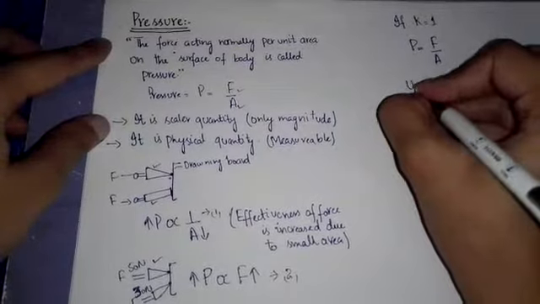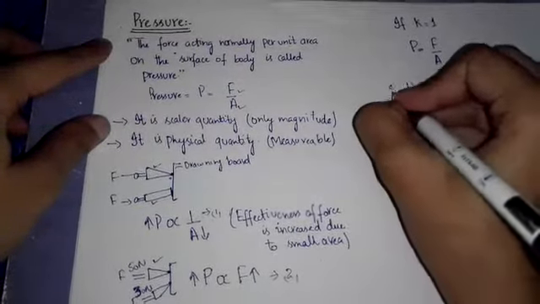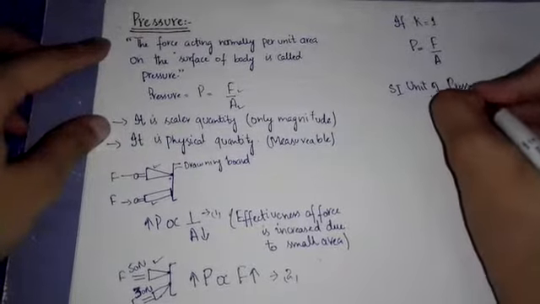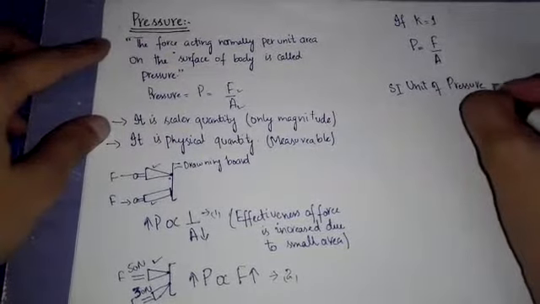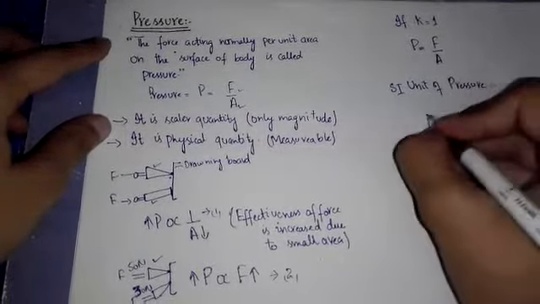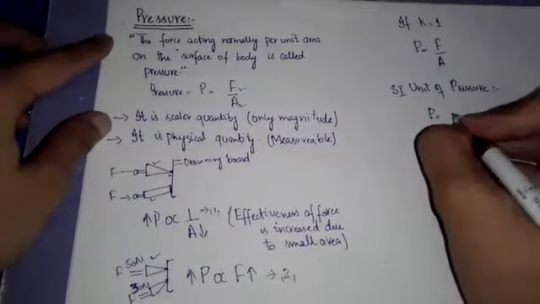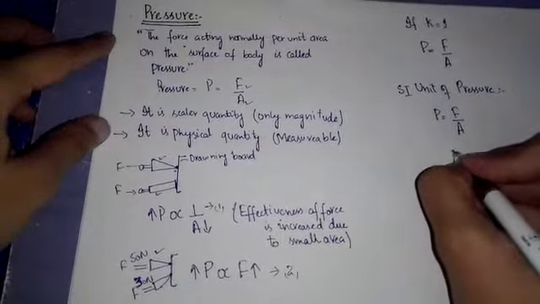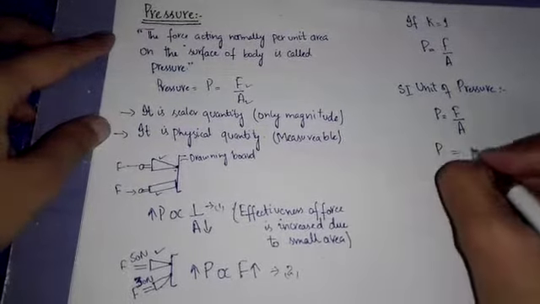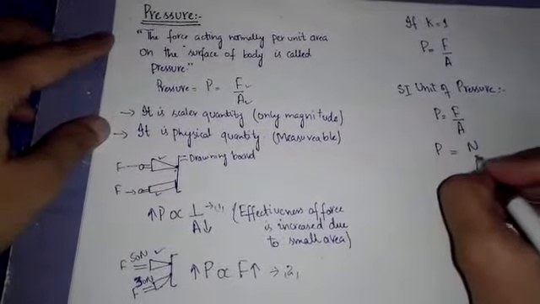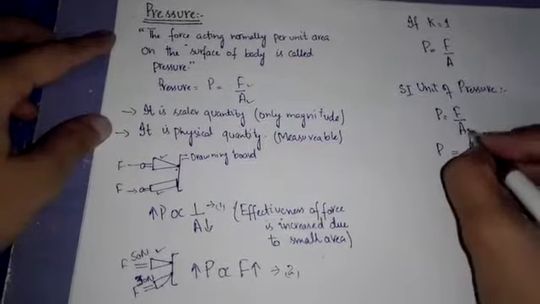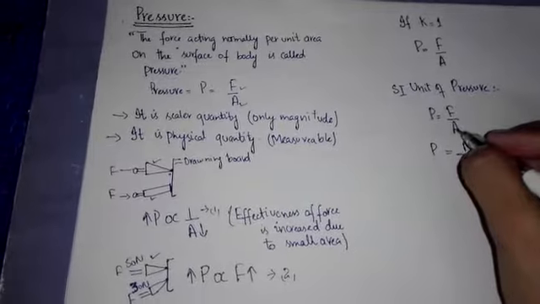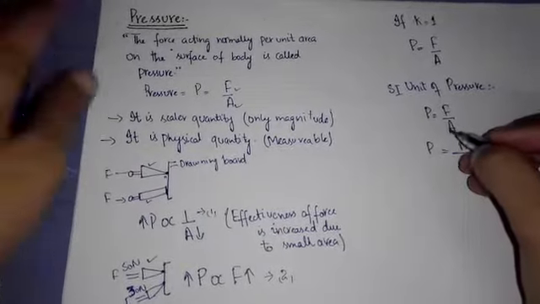Unit of pressure, SI unit of pressure. From the expression P is equal to F over A, we know the unit of force is Newton, right? And the unit of area is meter square.